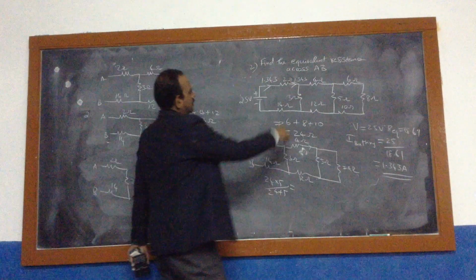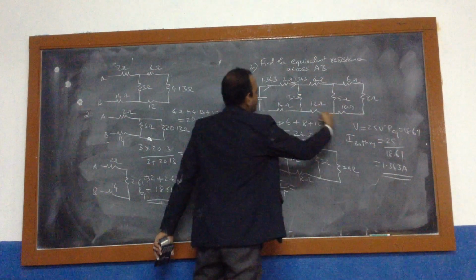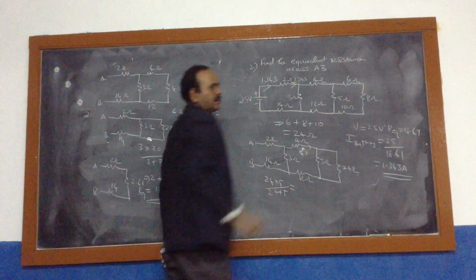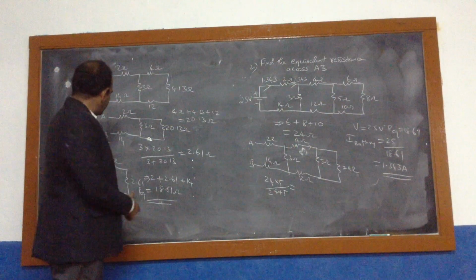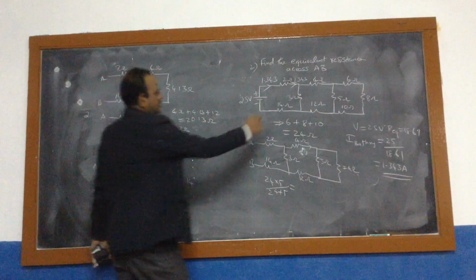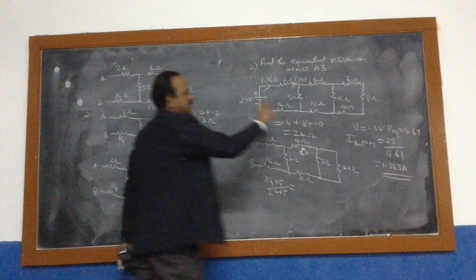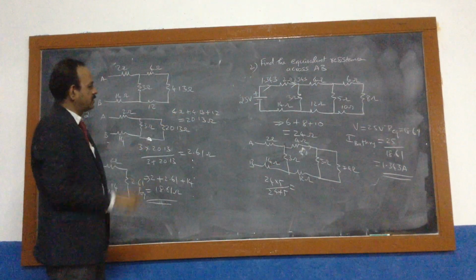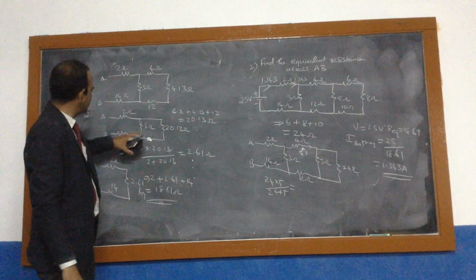Here the 3 ohm is there, and we have to find the total resistance of the rest. We already calculated it step by step. What is this equivalent resistance, such that we can use the current divider rule? In the final step you can see here.